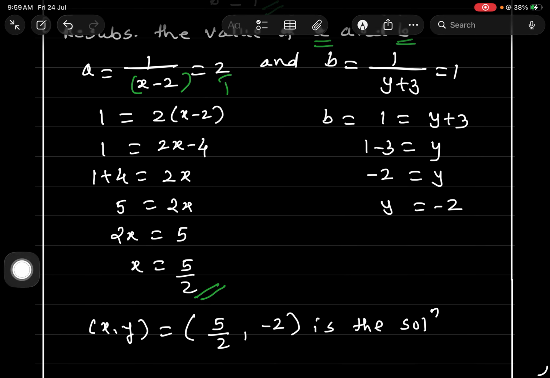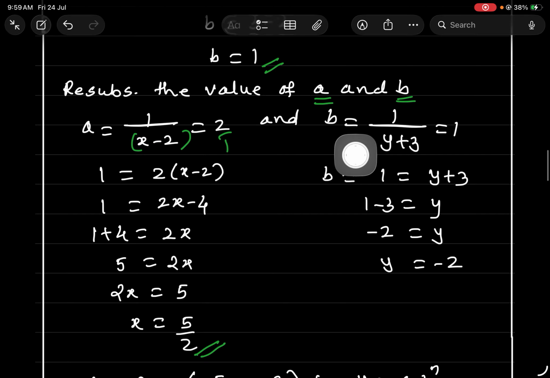So we got the value of x. Then same here, b means 1 upon y plus 3, and b's value is 1. Now cross multiplication, so 1 equal to y plus 3, and bring this 3 to the other side with minus, equal to y.